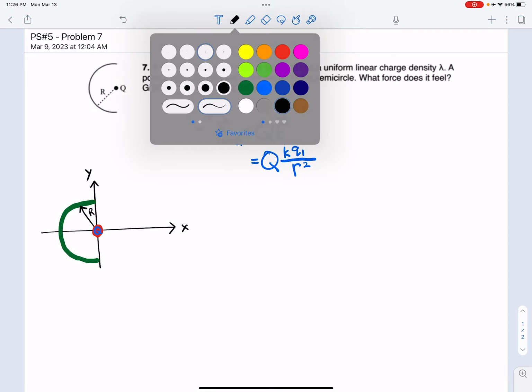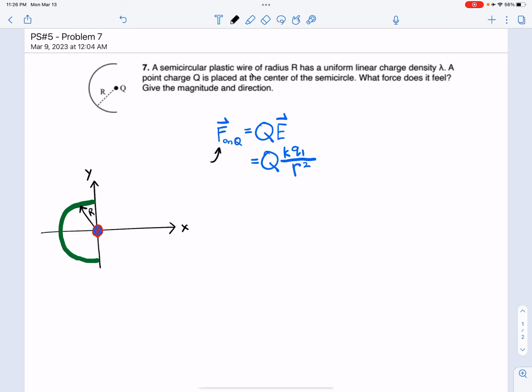And so now I'll explain this here. This is the electrostatic or electric force on Q. This Q right here is the point charge. This Q1 right here is the source charge.